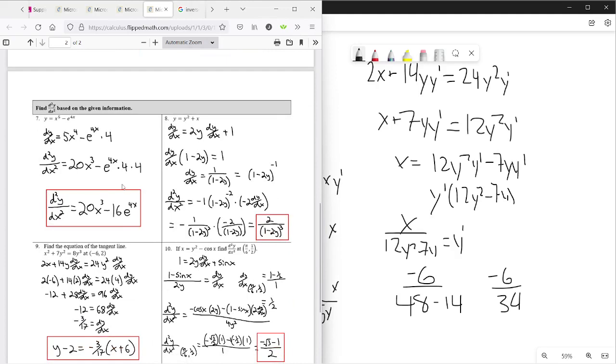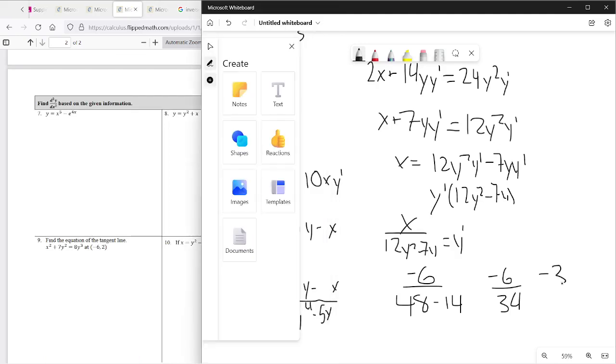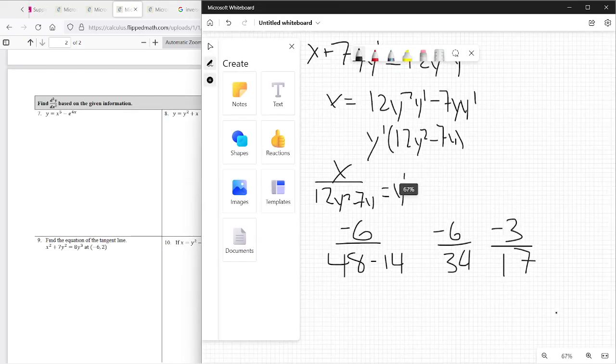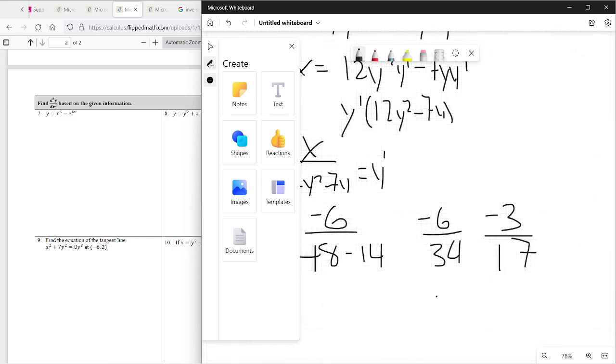Let's see. No, it's just a really annoying slope. Okay. So negative 3/17. And we can, once again, just use point-slope form: y minus 2 equals negative 3/17 times (x minus 6).